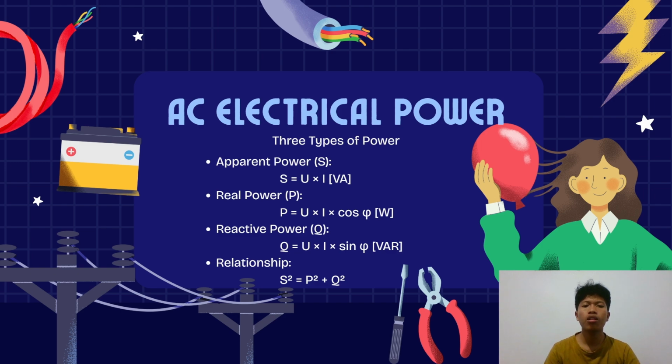Real power P equals U times I cos phi, in unit W. Reactive power Q is U times I times sin phi, in unit VAR, and the relationship is S squared equals P squared plus Q squared.